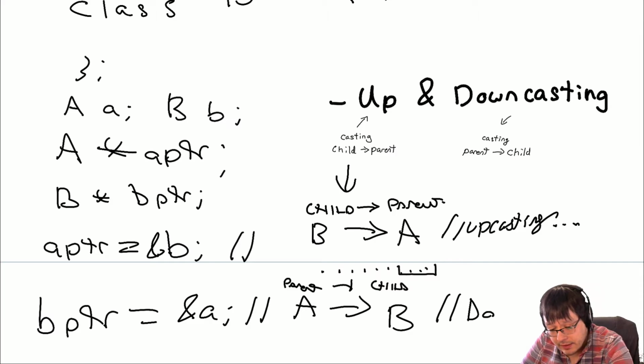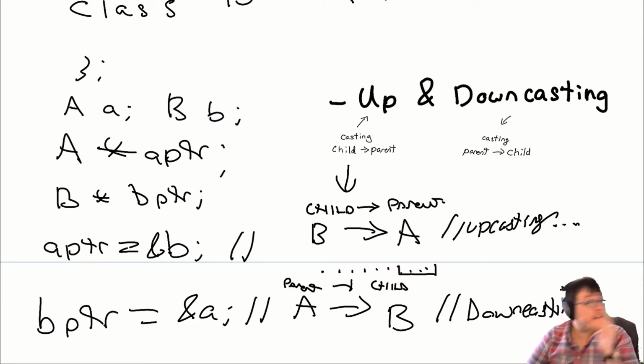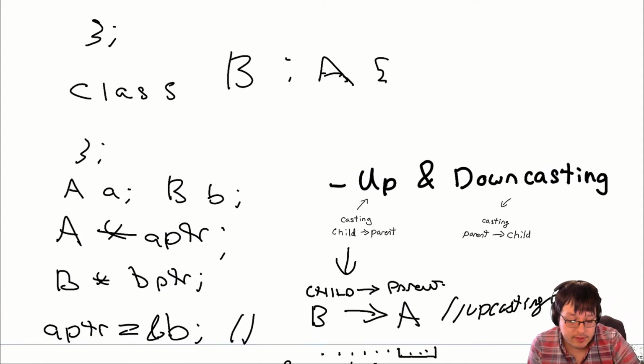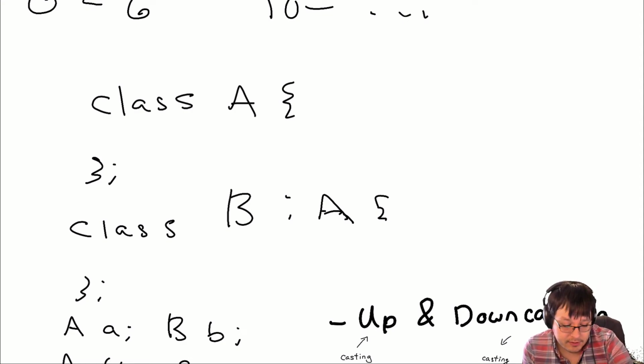And this is downcasting. This is the one that causes more problems, and it's not allowed in C++ by default. The reason this one causes issues is because A has a certain number of variables, right? So let's say this A here has an int X.